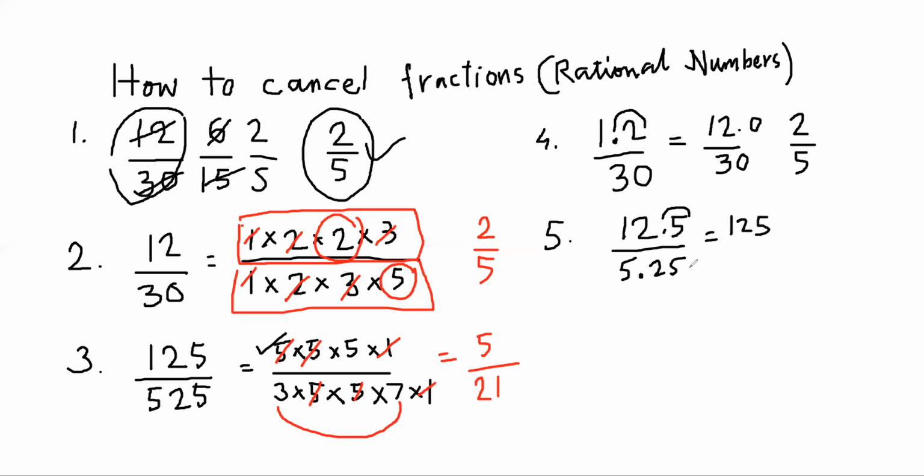So you must add a 0 here. If you want to remove the decimal here, you are shifting 1 and 2, so you should add zeros here. So what will become is 12.5 upon 525.